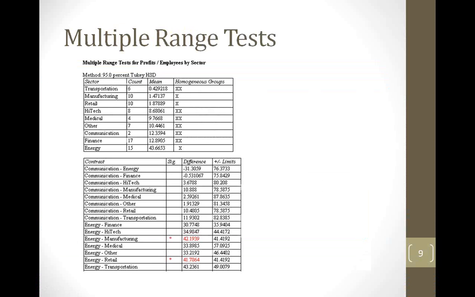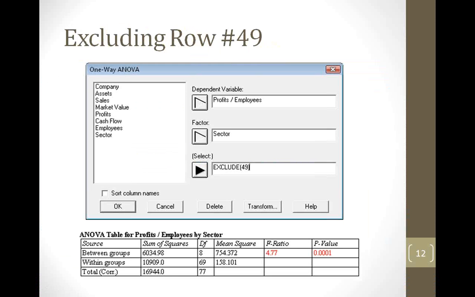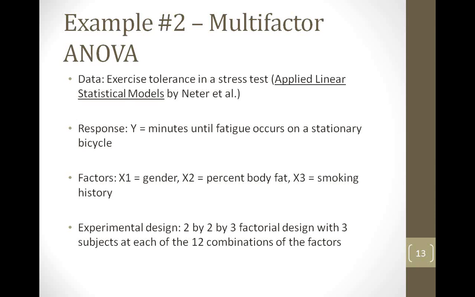Let me go back to my PowerPoint slide for just a moment and talk for a minute about a multi-factor ANOVA. A multi-factor ANOVA looks at a single response variable as a function of several different factors.